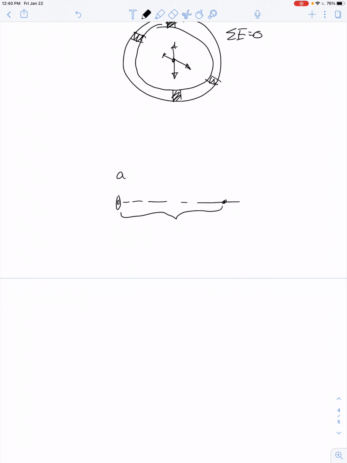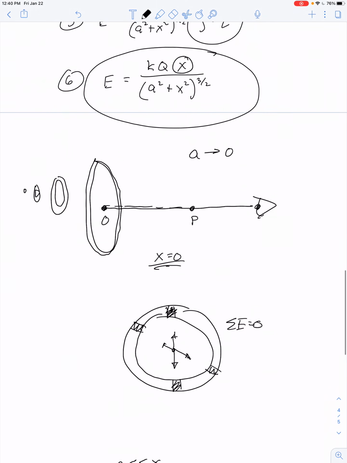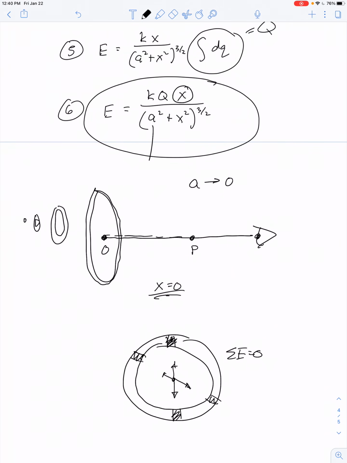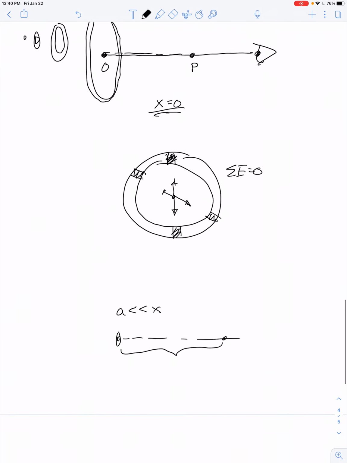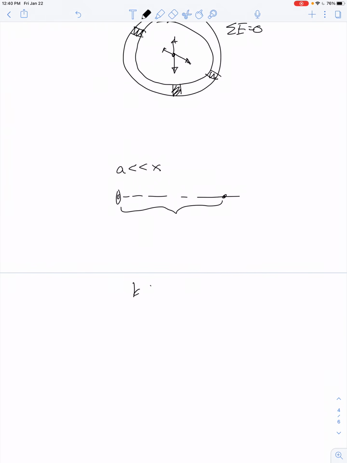In other words, a can't effectively be 0, but it could be much, much less than x. And in that case, if we let a equal 0, then what do we have? kqx over 0 plus x squared to the 3/2 power.